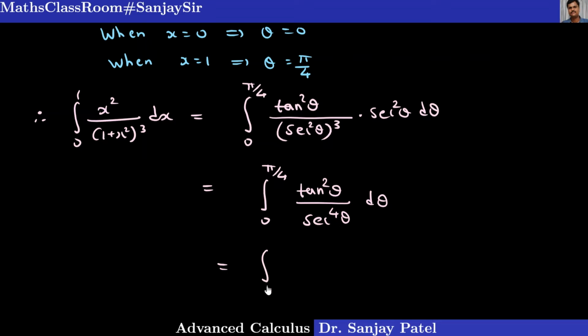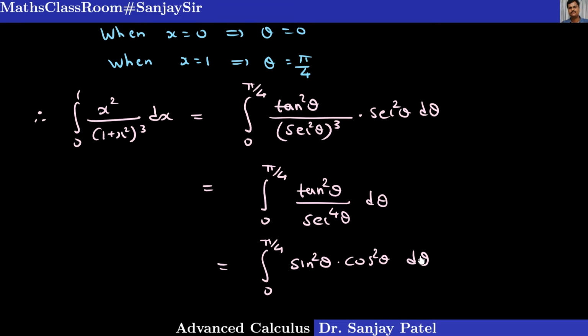This is equal to integral 0 to pi by 4 tan square theta is sin square theta upon cos square theta, and this is cos raised to 4. So finally, if you simplify, it is easy to see this is sin square, and 1 upon cos square will be cancelled with this, and what we will get is sin square theta, that gives you cos square theta d theta.